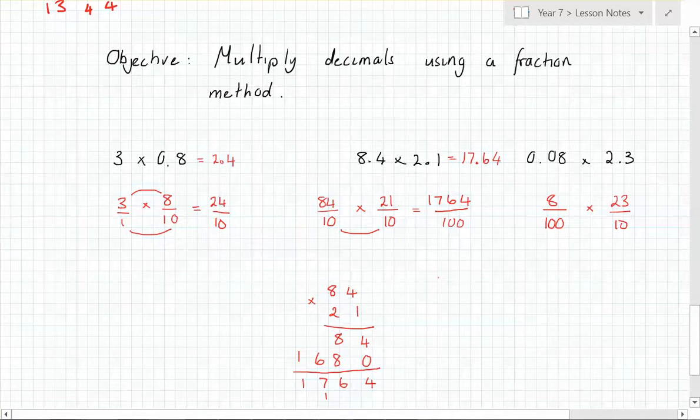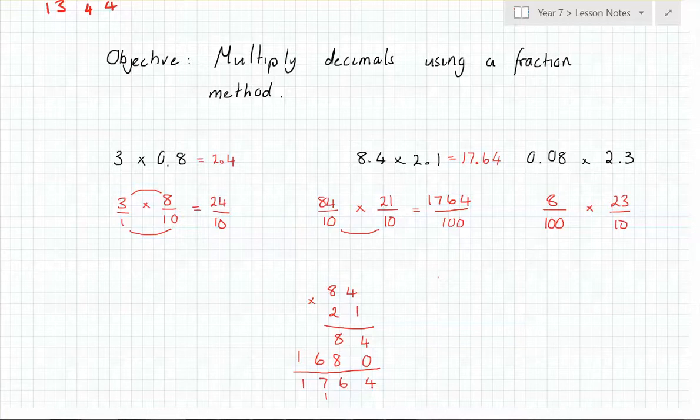Okay, I think you're answering a different question. You're right, it's not 64, it's 6 tenths and 4 hundredths. So we say 17.64. But I think Thomas's question is why is 1,764 divided by 100 17.64?